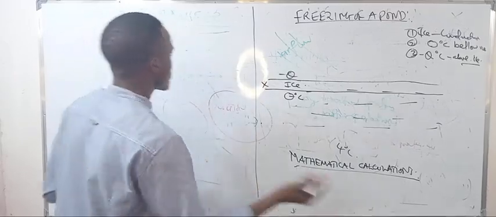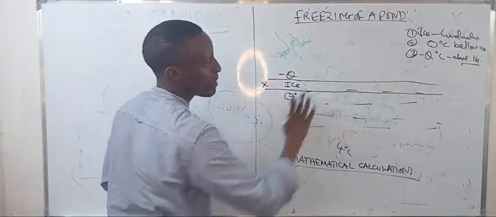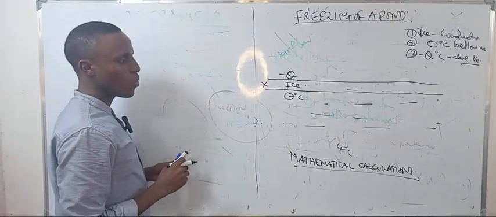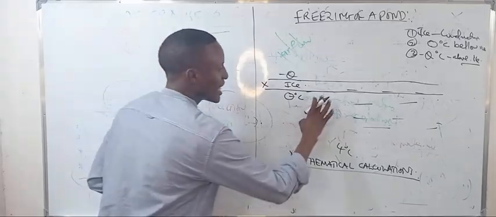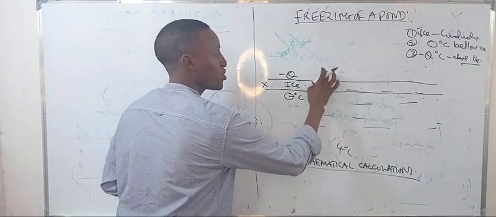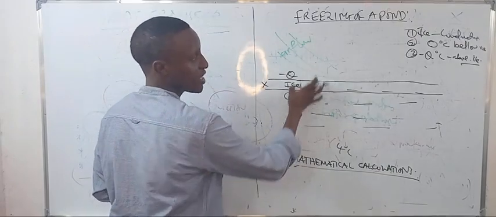Heat is conducted from here to here, meaning here is 0 and here is negative.